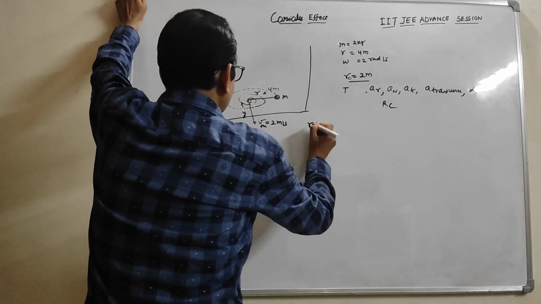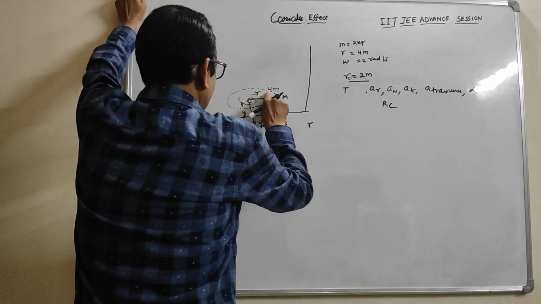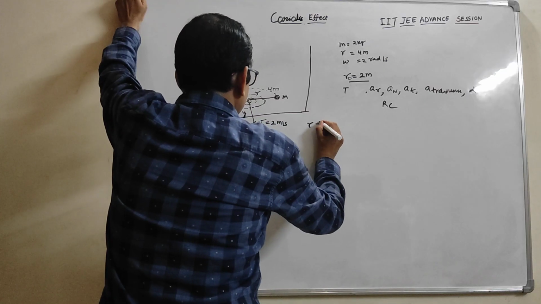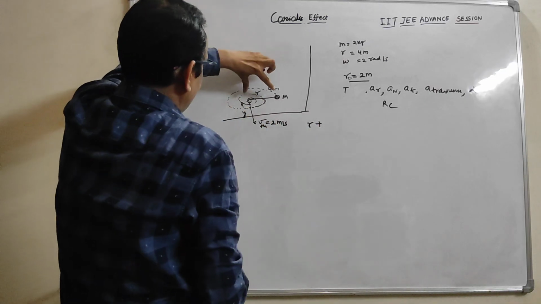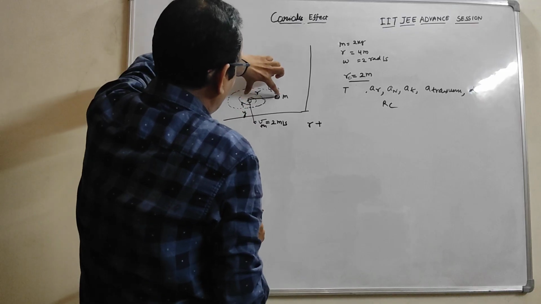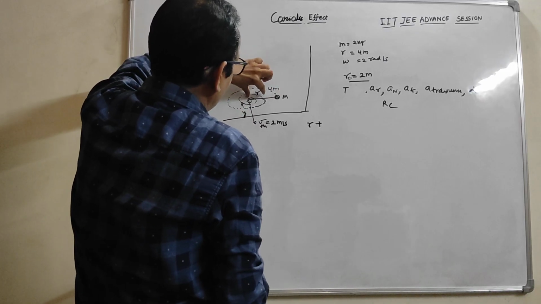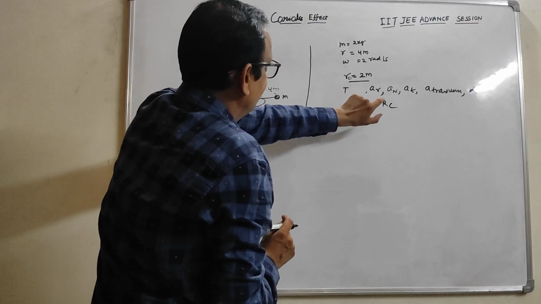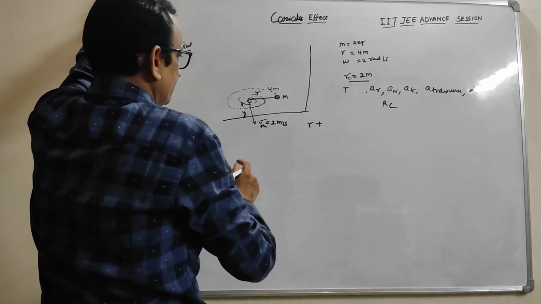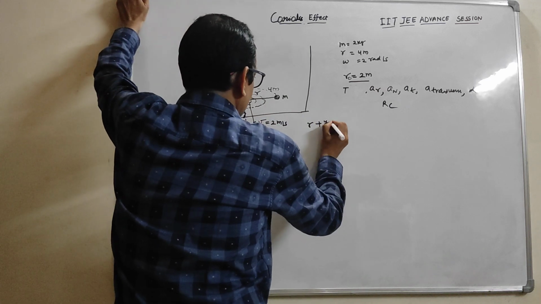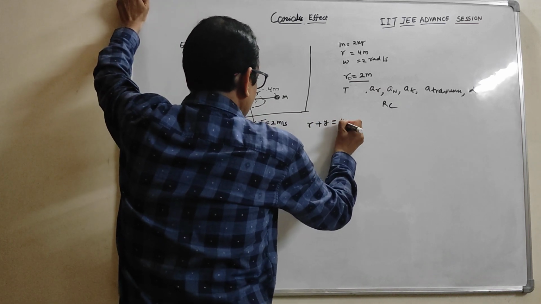So we can write total length is 4 meter. Initially this distance y is 0, then r would be maximum length. We have to find the values when the horizontal length of the string is 2 meter. So r plus y, this distance, suppose y, would be 4.